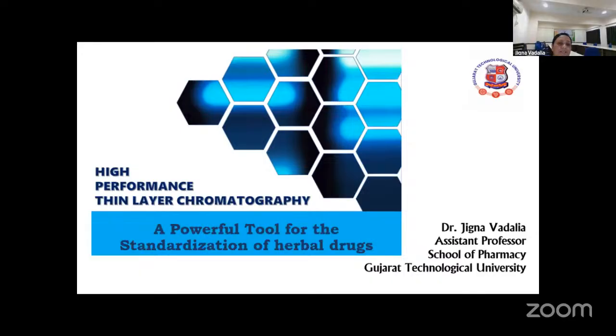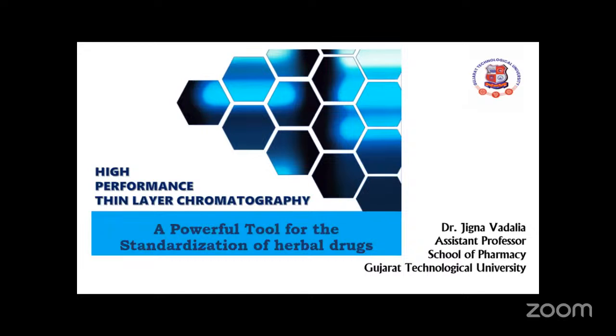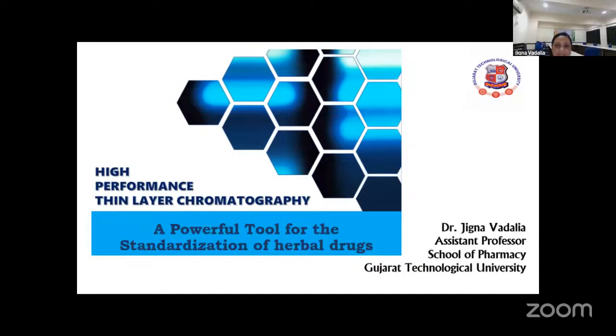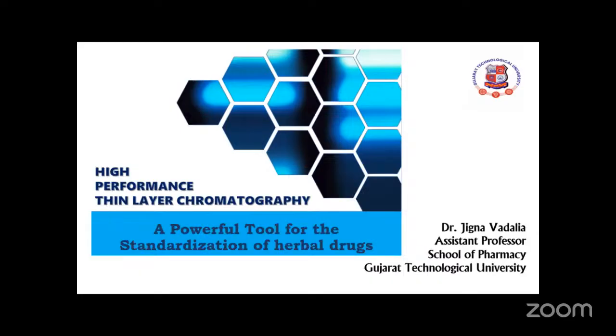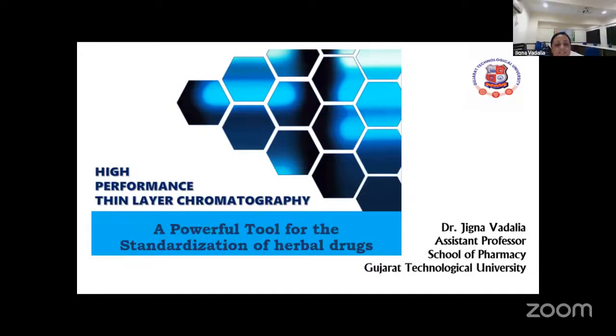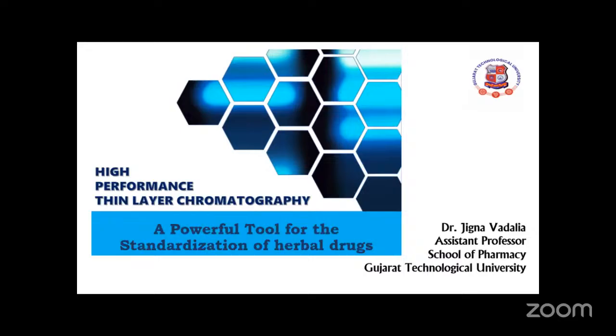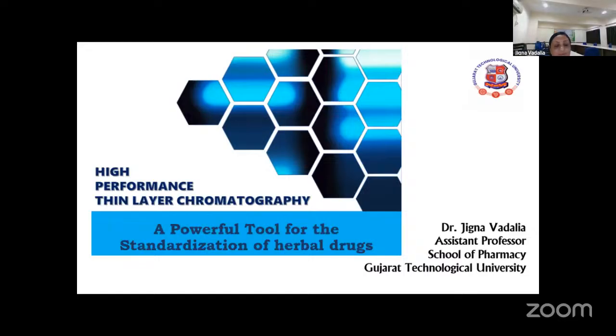Now you can see in the TLC or handmade TLC, this type of result we can get. But in HPTLC, this type of result we will get, because in TLC for the application we are using a capillary, and that capillary we are touching to the stationary phase. That's why there is no space between the stationary phase and the capillary, so the stationary phase may be damaged.